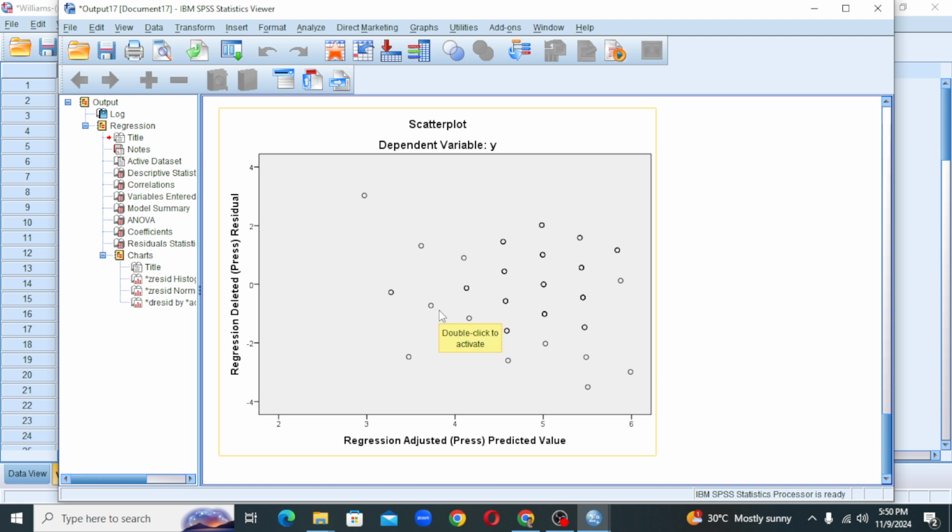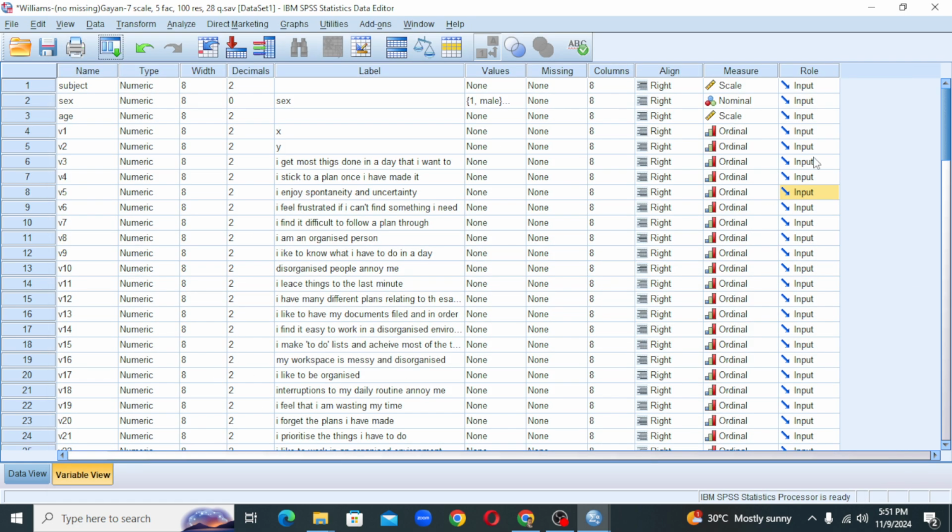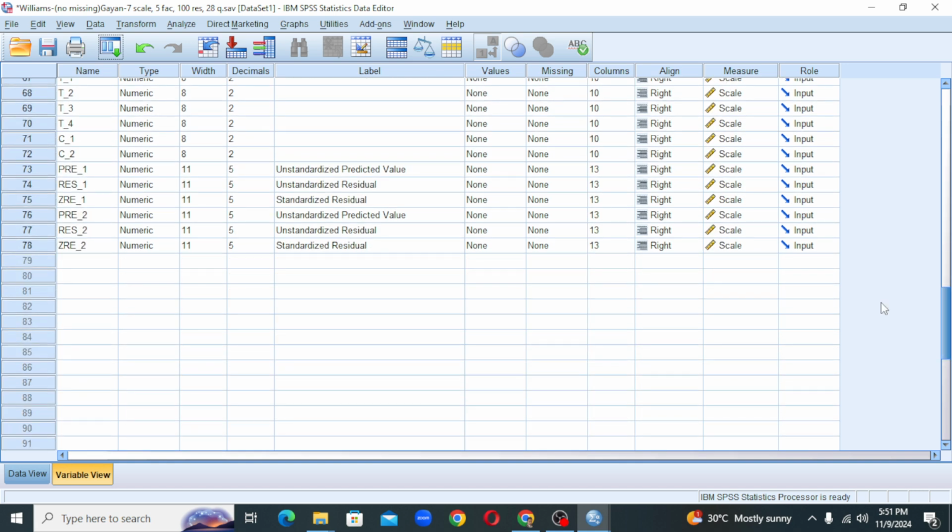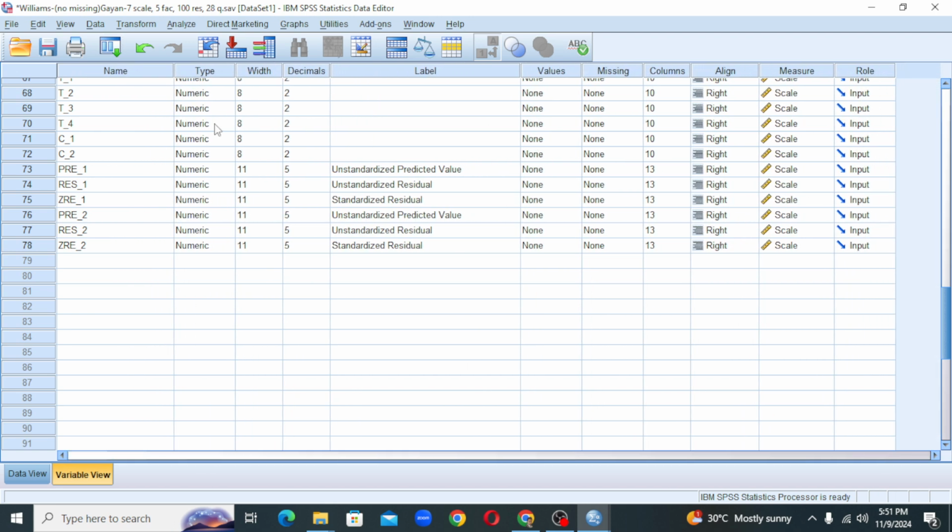However, in order to check the normality of the residuals by way of the KS and SW tests, we have already requested in our analysis the standardized predicted value, standardized residual, and unstandardized residual. So we have requested those three values in our simple linear regression analysis.